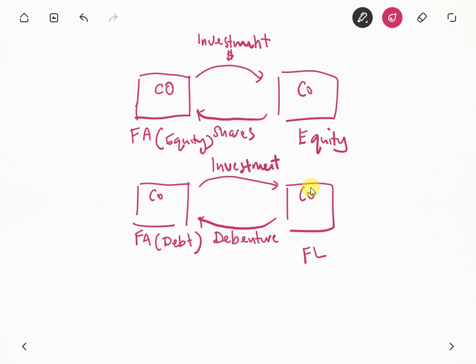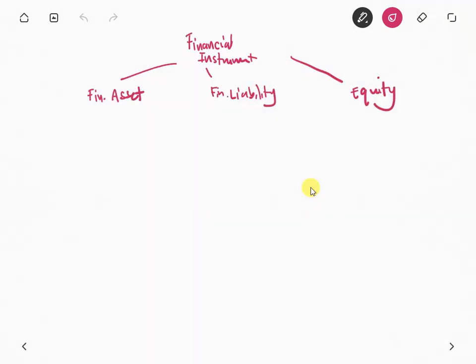So asset is confirmed, but the other party can be equity, the other party can be liability. This is a financial instrument. So the definition, you go back and put it here: a contract that gives rise to a financial asset to one and liability or equity to the other. So for financial instrument, we have asset and liability, asset and equity.